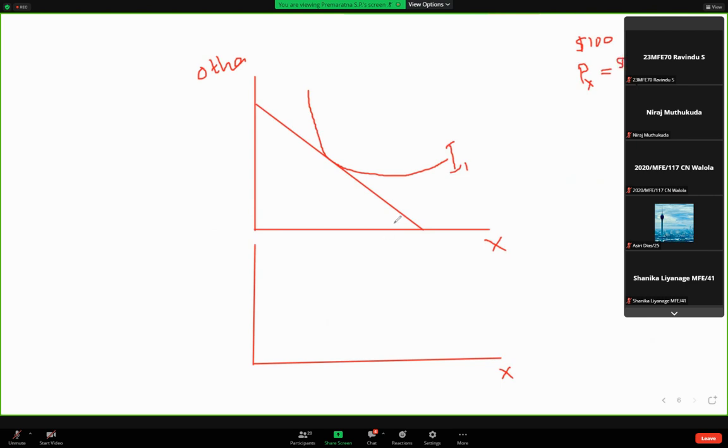The first curve is the price of X at $4. Now the second, let's say a shock upon the price of X: a decrease to $2.